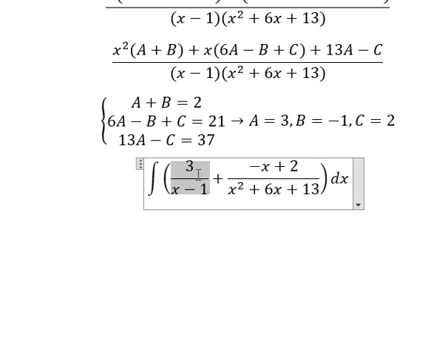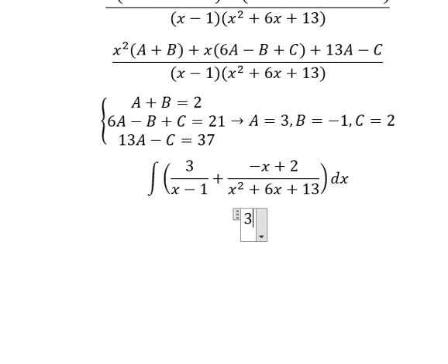So the integration of this one, we have 3 ln of the absolute value of s minus 1.